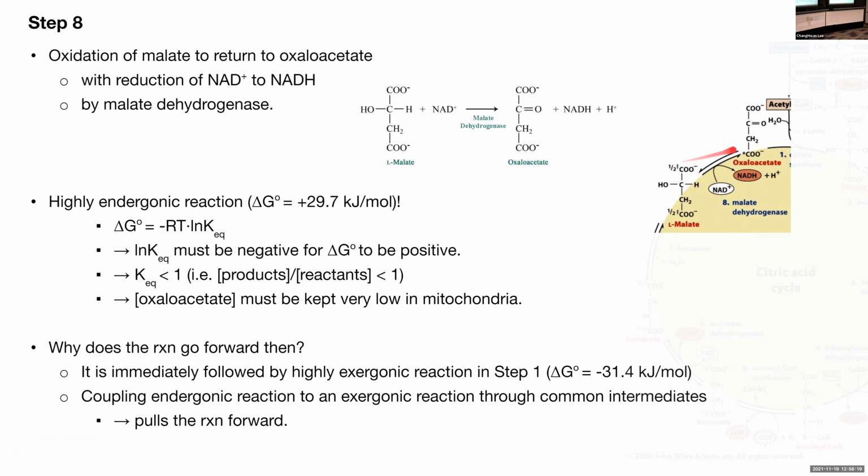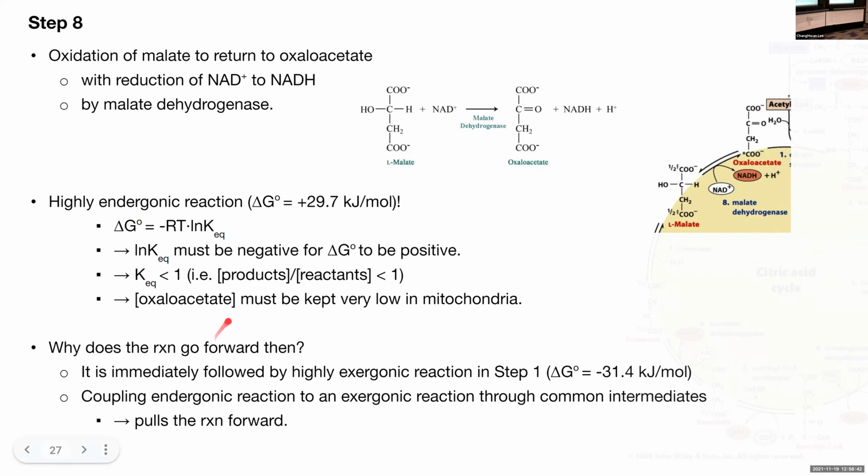So the product, which is oxaloacetate, must be kept in very low concentration in the mitochondria at equilibrium. But this reaction still goes forward because this oxaloacetate, the product here, can be kept low.